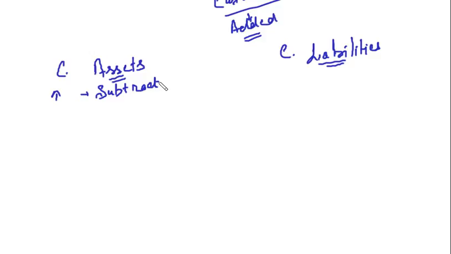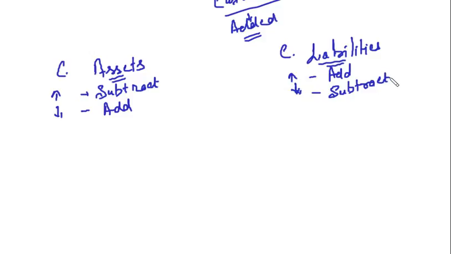Assets move in the opposite direction. If it is increasing, we have to subtract it, and if it is decreasing, we have to add back. For the liabilities, if it is increasing, you have to add back, and if it is decreasing, that means we have paid some amount, and we will subtract.